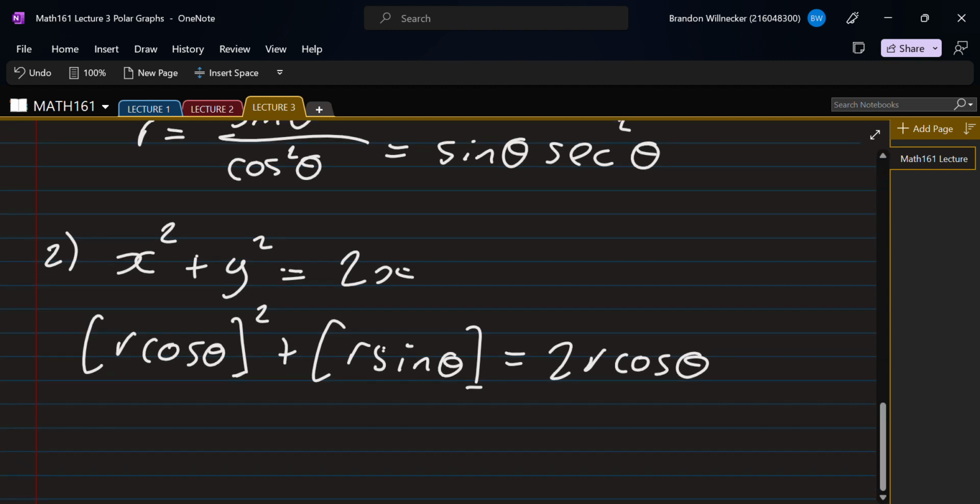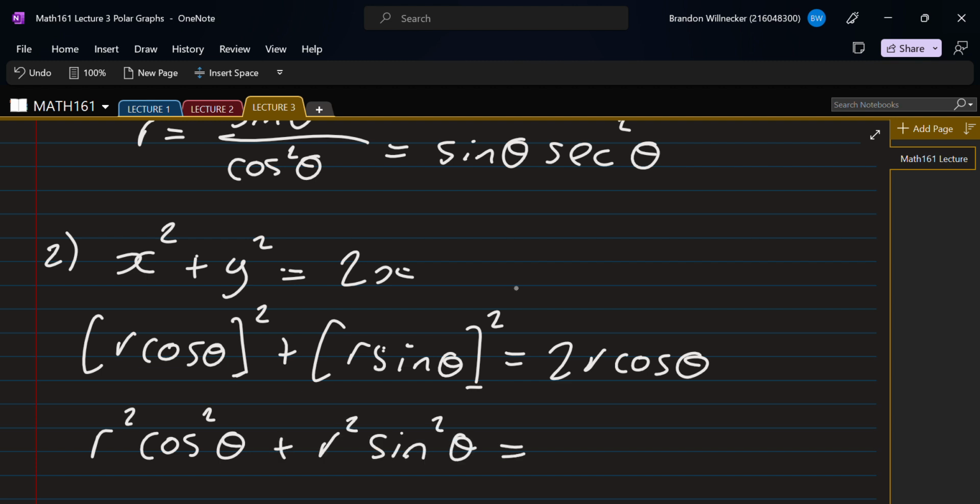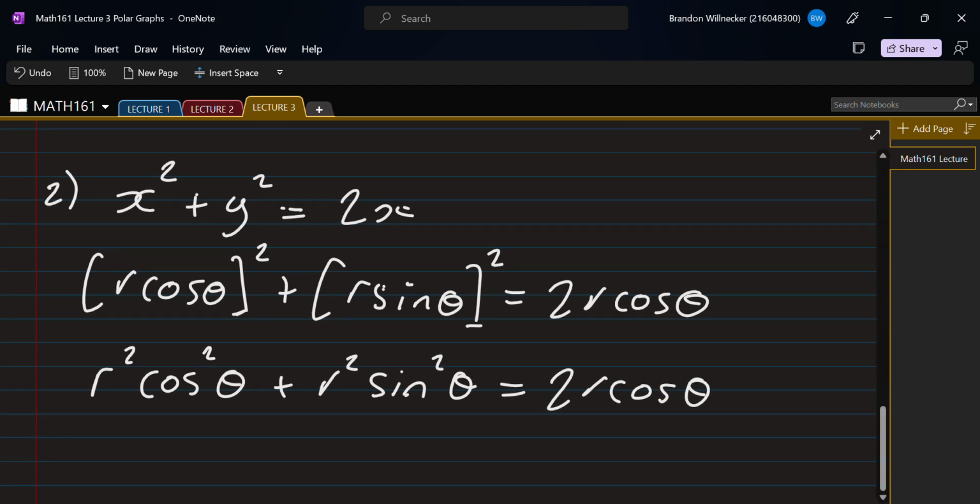Okay, and squared. Now we can square this out. So we get r squared cos squared theta plus r squared sin squared theta is equal to 2r cos theta. Now, cos squared plus sin squared is going to be 1.